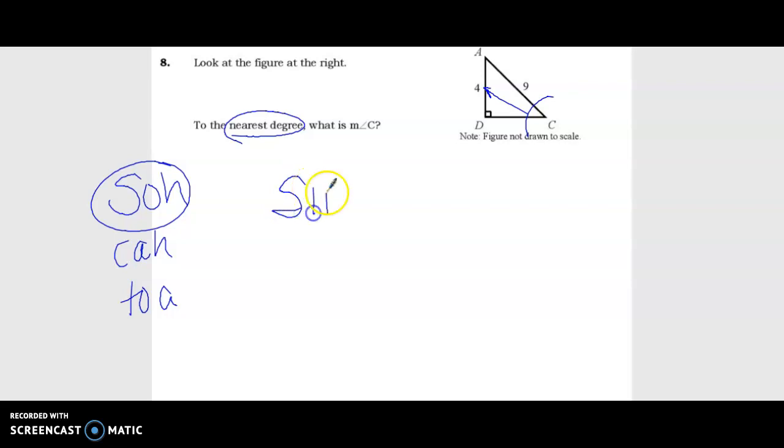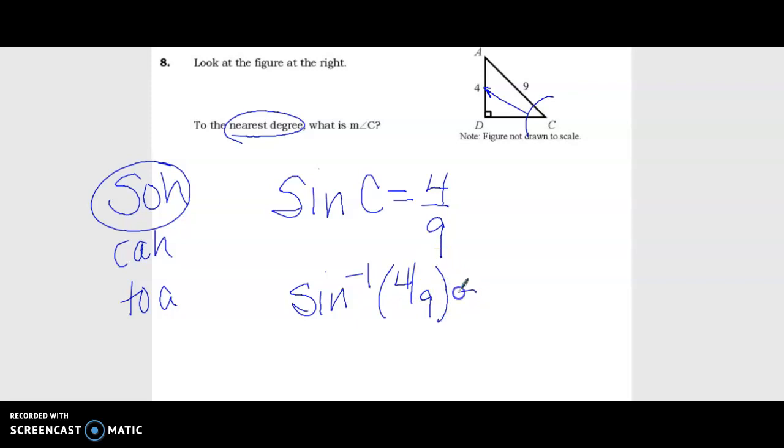So to find the sine of C, that would be 4/9. So I'm going to use my inverse sine of 4/9. And use your calculator. 26.38 degrees. But the directions tell me to give a whole number. So my answer would be 26 degrees.